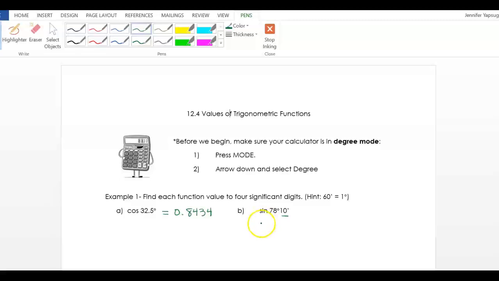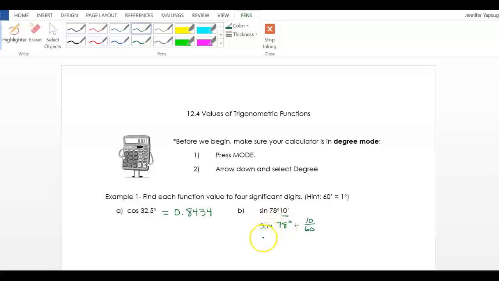If you recall from a previous lesson, I'm just going to rewrite sine of 78 degrees, and then we are going to add whatever the degree value is for 10 minutes. That's going to be 10 divided by 60. When I divide 10 by 60, I get an answer of 0.16 repeating.